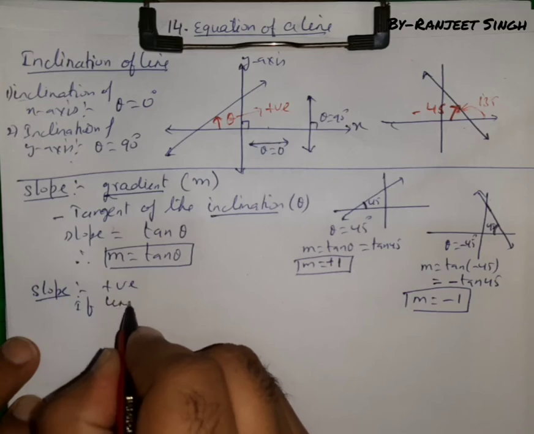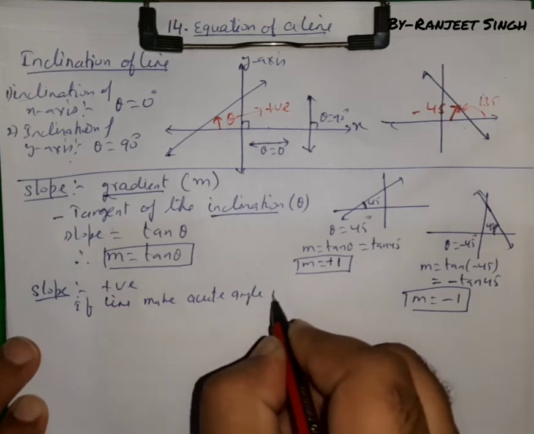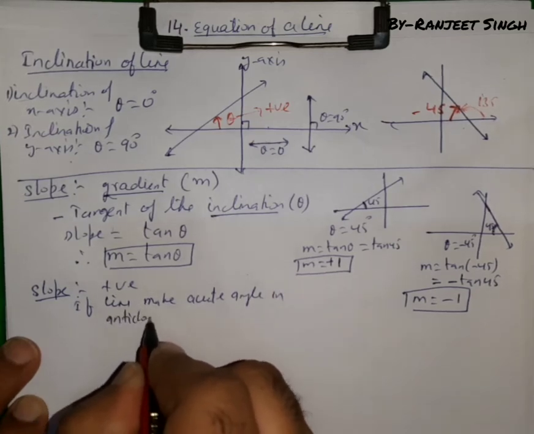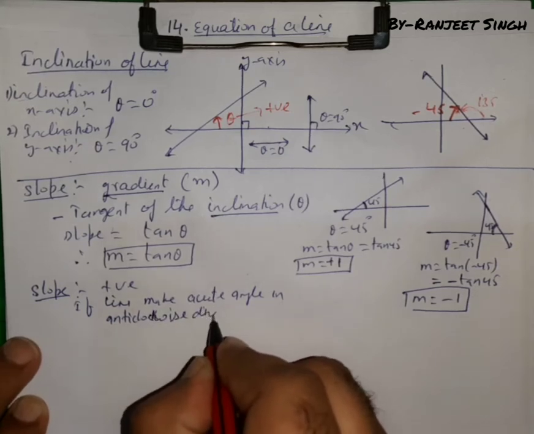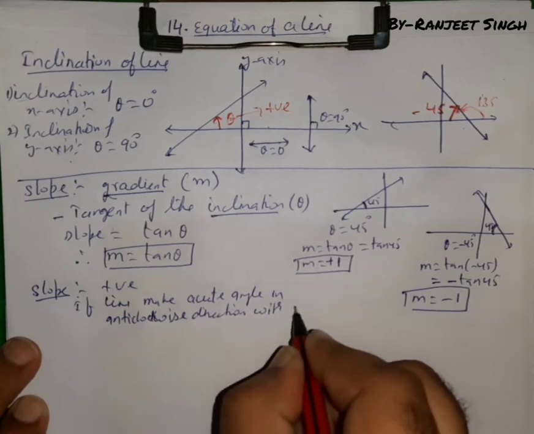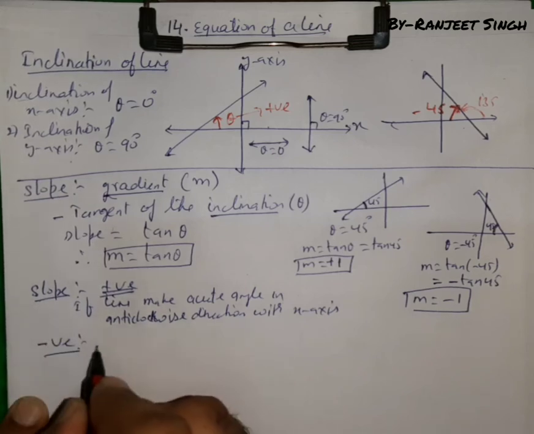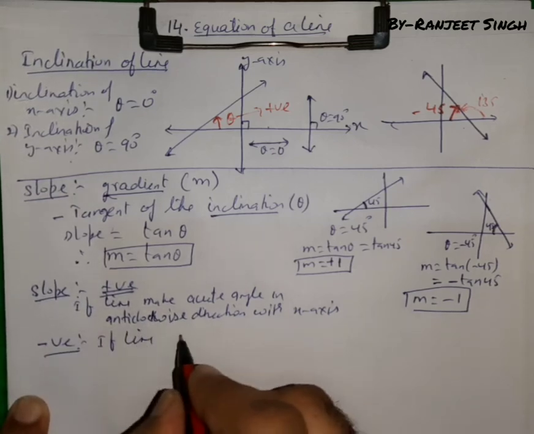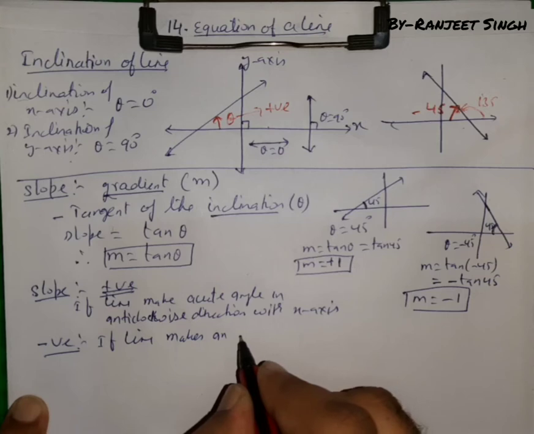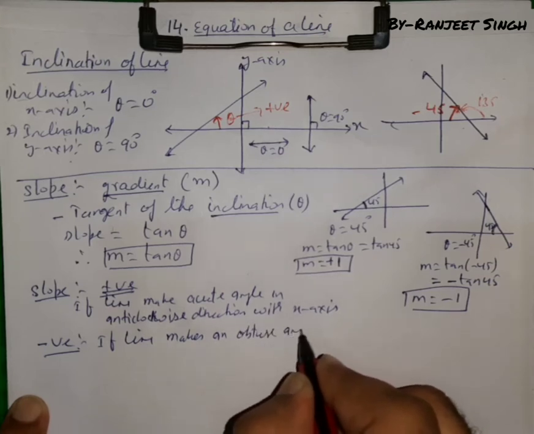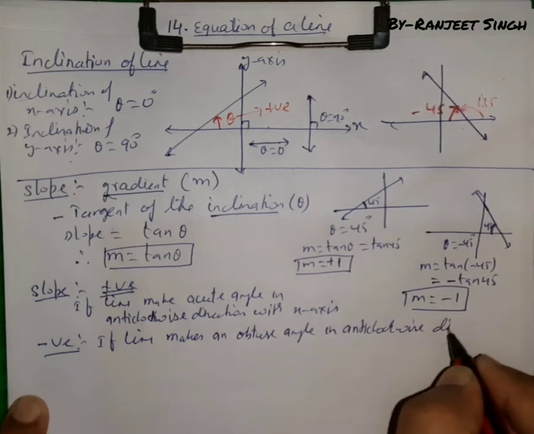some line, if line makes acute angle in anti-clockwise direction with x-axis, and similarly slope will be negative if line makes an obtuse angle in anti-clockwise direction.